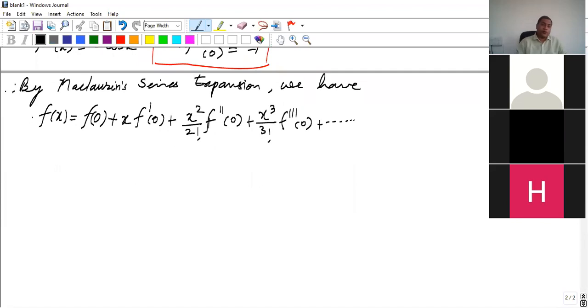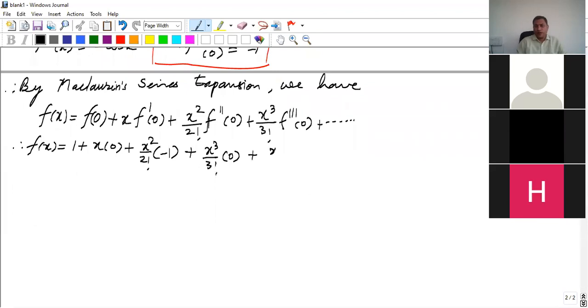So here what we have to write is, we can write f of x is equal to 1 plus x into 0 plus x square by 2 factorial into minus 1 plus x cube by 3 factorial into 0 plus x raised to 4 by 4 factorial into 1 plus x raised to 5 by 5 factorial into 0 plus x raised to 6 by 6 factorial into minus 1 and so on.